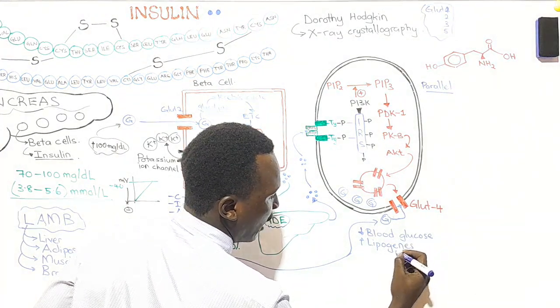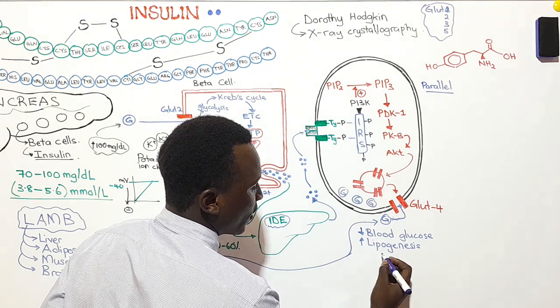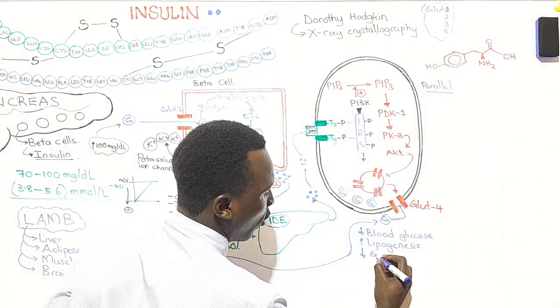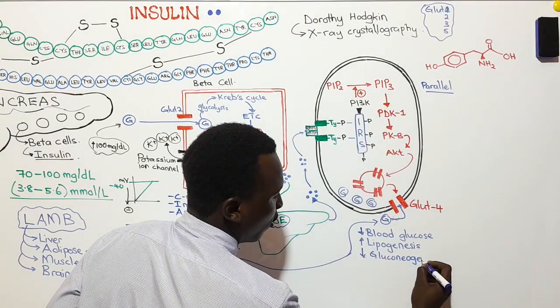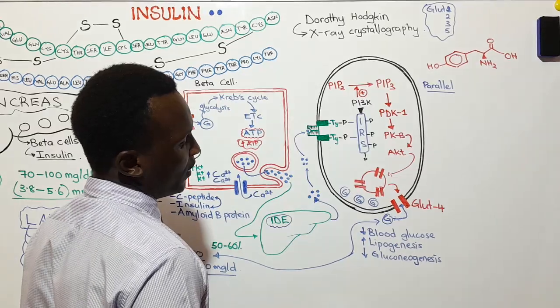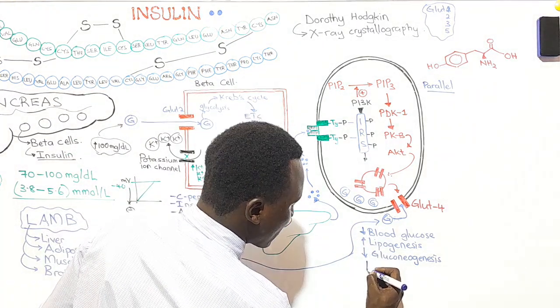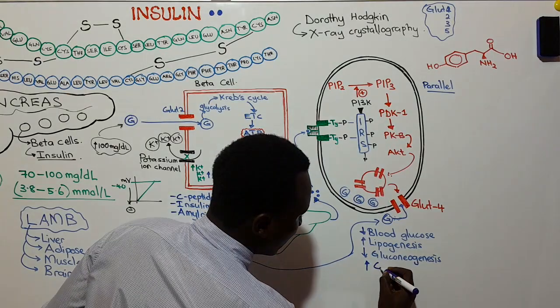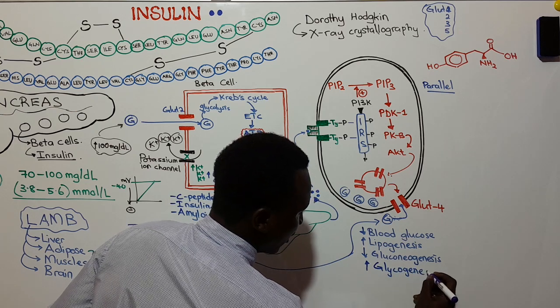Three, it will decrease gluconeogenesis. So these are some of the things that it does, okay? With that also there is an increase in glycogenesis, or the formation of glycogen.